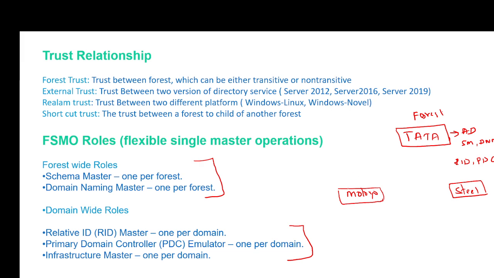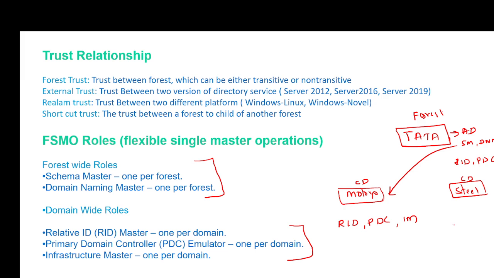And imagine this is your child domain. When you install the Active Directory here and add this as another child domain controller, when you check the FSMO roles here, it will only have 3. What is that? Your RID will be there, your PDC will be there, your infrastructure master will be there. The remaining 2 will come from the forest here.